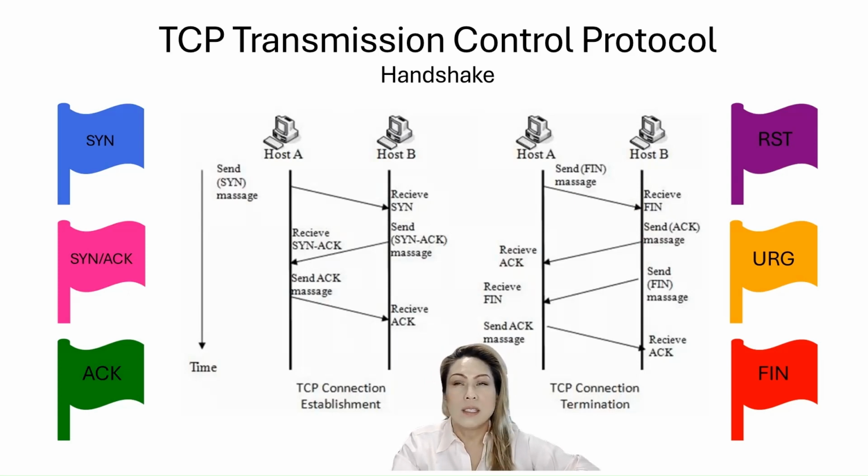Then there's FIN, which is an indicator to end the communication from one side, so that happens both ways. URG is a high-priority urgent packet, so it pushes it up to the top. PSH is to flush the buffer. And RST is to terminate or reset a connection, sort of like a FIN, but in a different way.